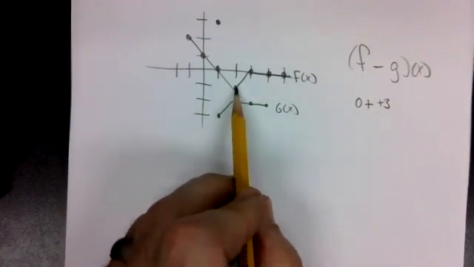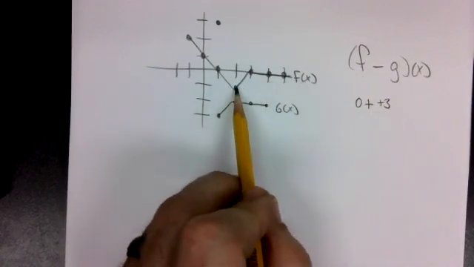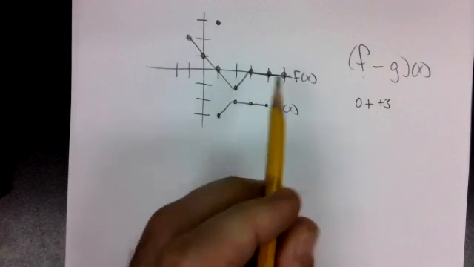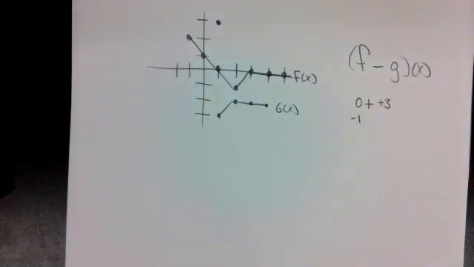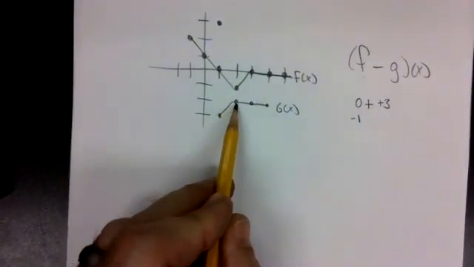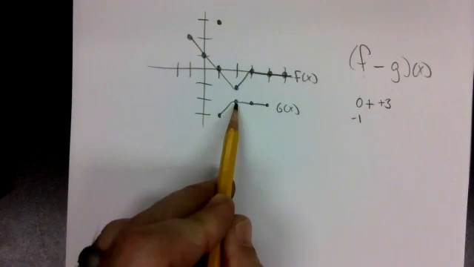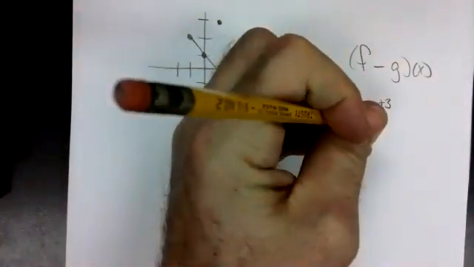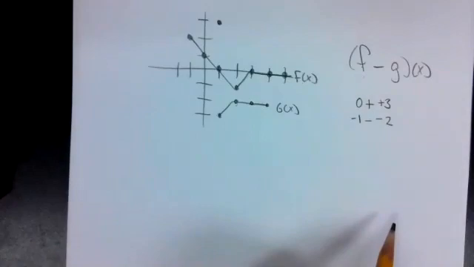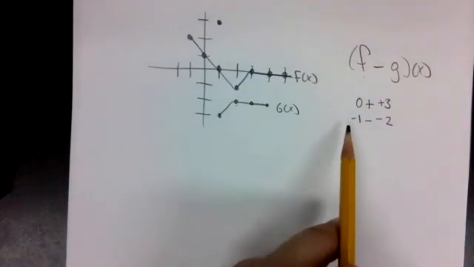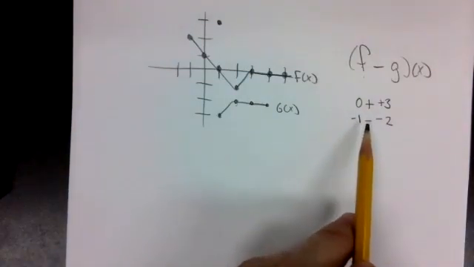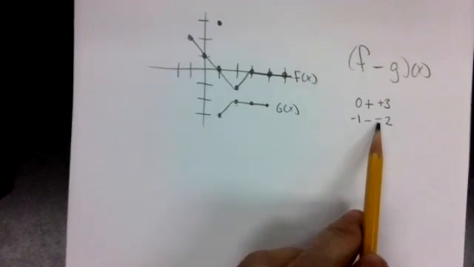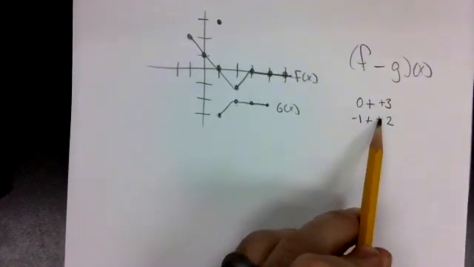Okay, next one. So this is again the f function. This one has a y value of -1. The g function has a y value of -2. So we're doing -1 minus -2. Again, subtracting a negative is adding.